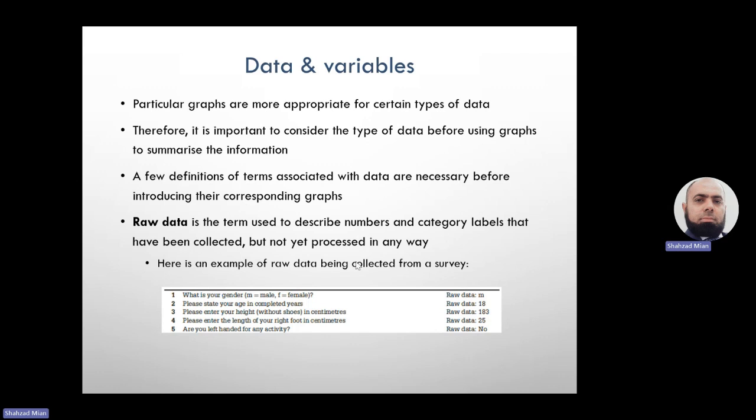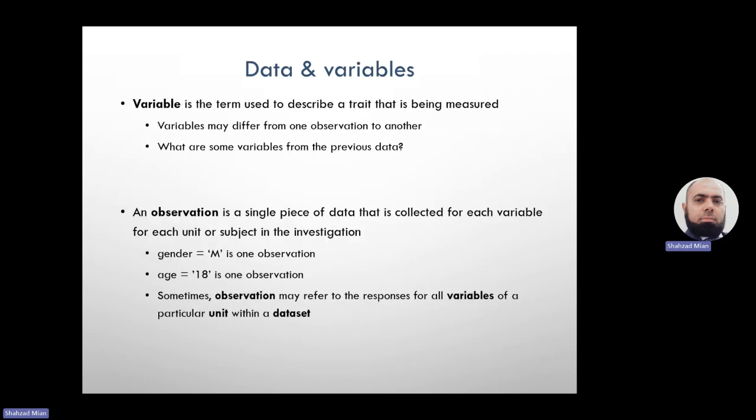If we see this data, we have gender, age, height, length, and some true and false option, left-handed for any activity. Out of that, gender, age, and height are some of the variables which actually vary with respect to every single observation.